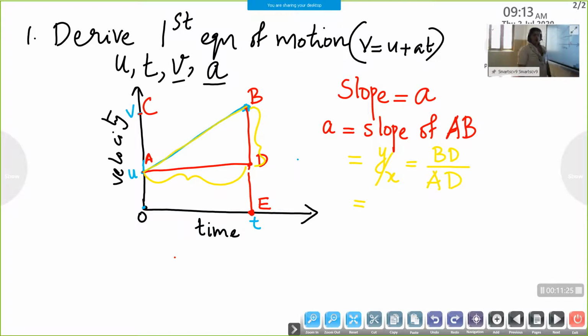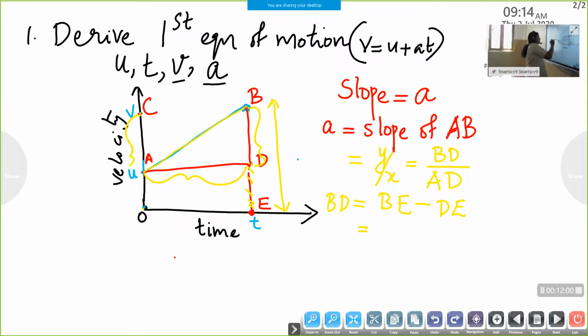What is BD? The total distance BE, and the total distance BE minus this DE gives BD. So BD is equal to BE minus DE. What is BE? BE is the total distance, that is V minus 0.